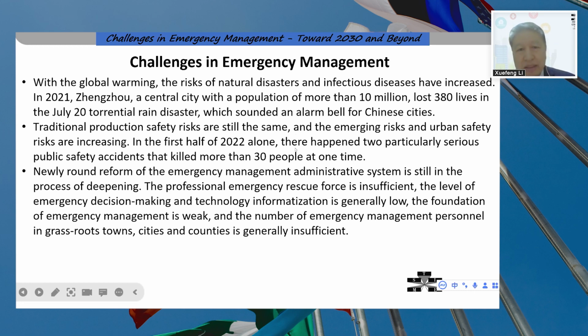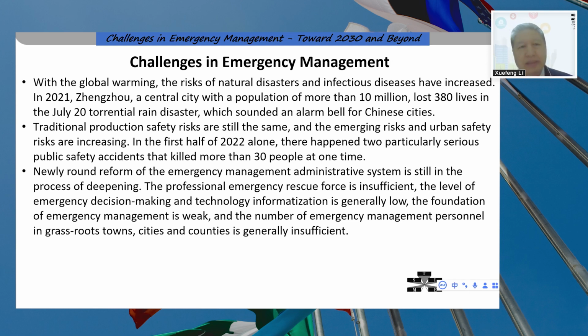In recent years, we have had very few such serious incidents. It's good news, but there is also a lot of bad news. For example, in the first half of this year, we had one building collapse that cost more than 50 lives, and one airplane just crashed, with hundreds of people losing their lives.